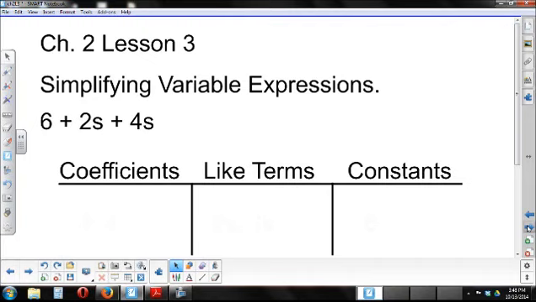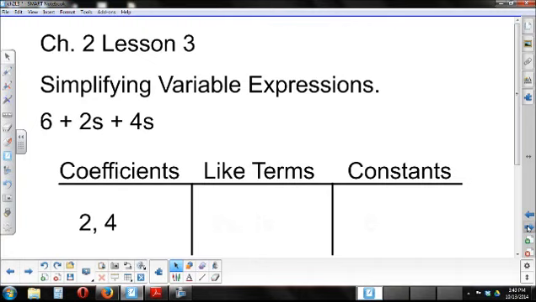All right, 6 plus 2s plus 4s. What are the coefficients, like terms, and constants? Pause the video, write them down, and then restart again, and I'll tell you if you were right. Okay, welcome back. Let's look at our coefficients. Our coefficients would be 2 and 4, the two numbers that are multiplying variables.